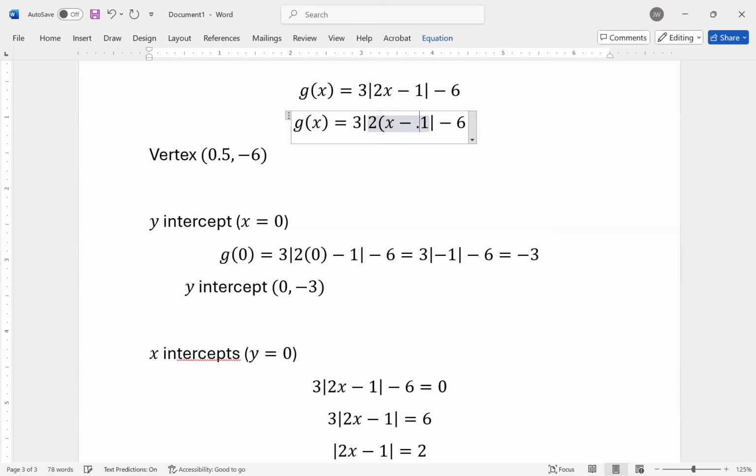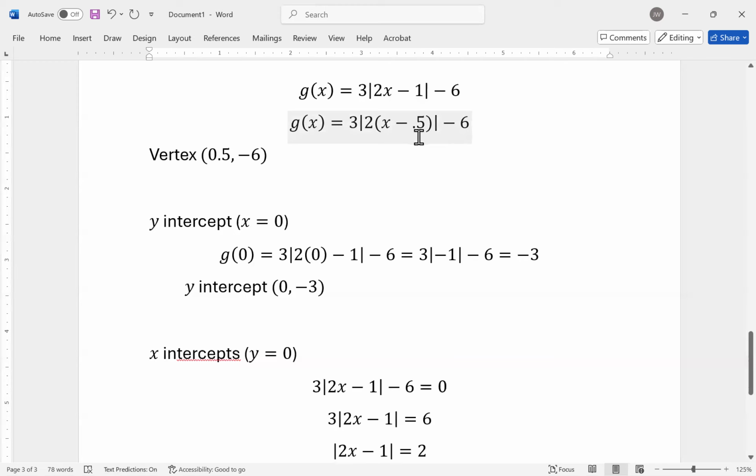So a lot of times when you see this, if you want to look at it through a shift lens, well, I'd have to factor out a 2, and I get 2 times the quantity x minus 0.5 and then -6.